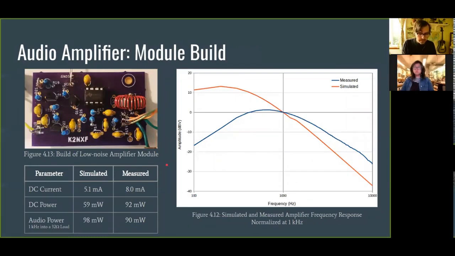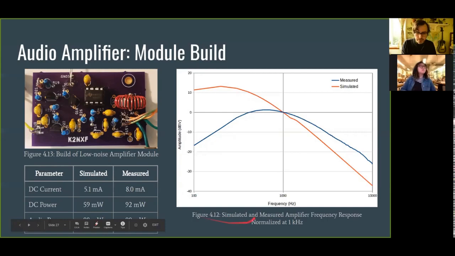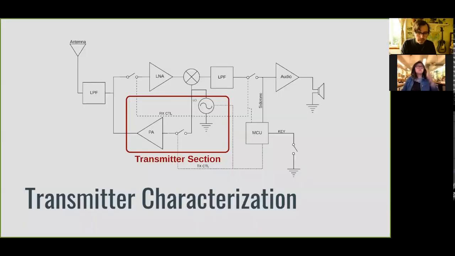So I would say that it amplifies just fine for a few components. On the right here, we have figure 4.12, which is simulated versus measured frequency response. Pretty similar. There was a little bit of reduction here due to a different cap value, but nothing to write home about.